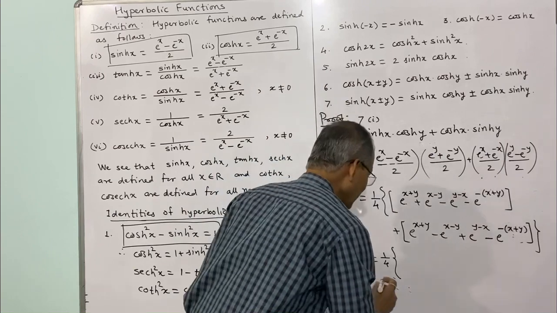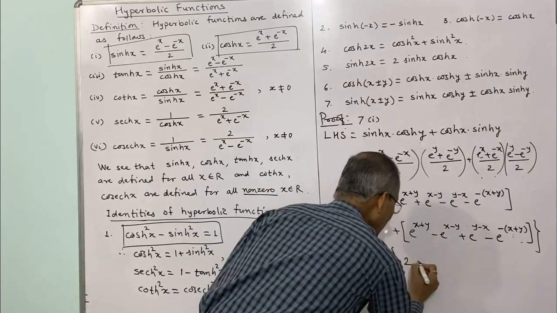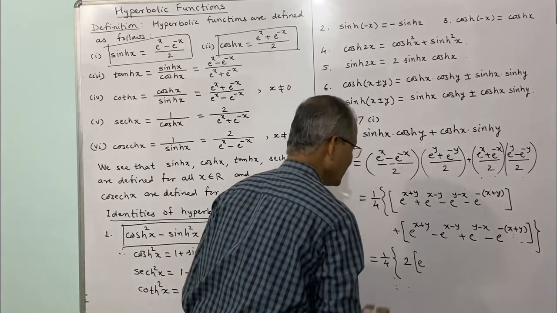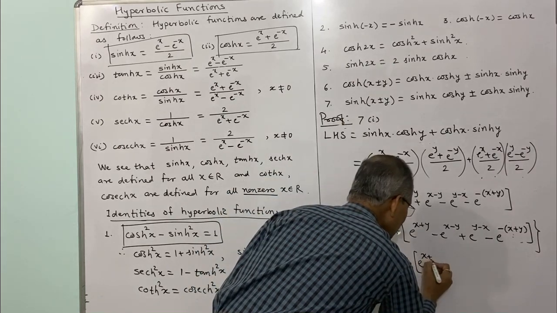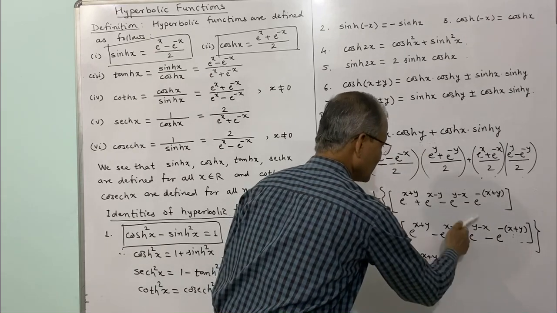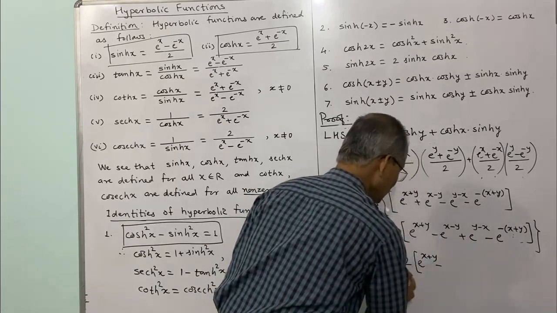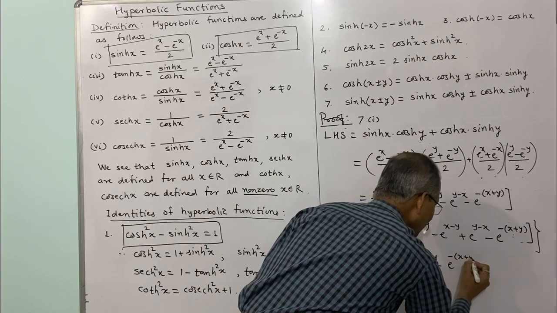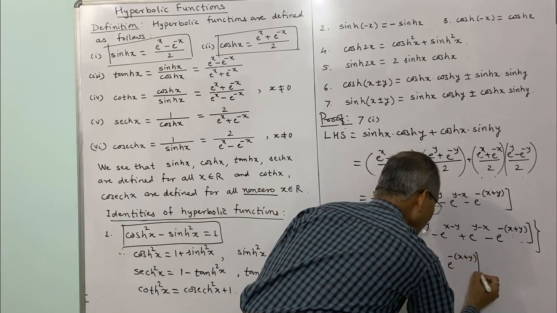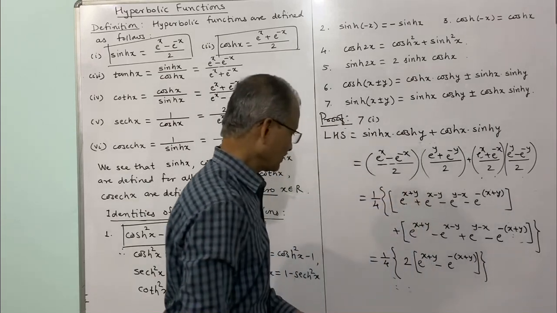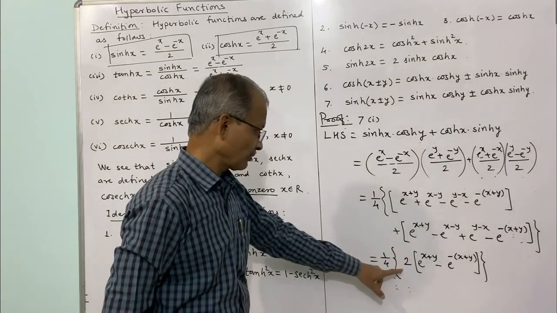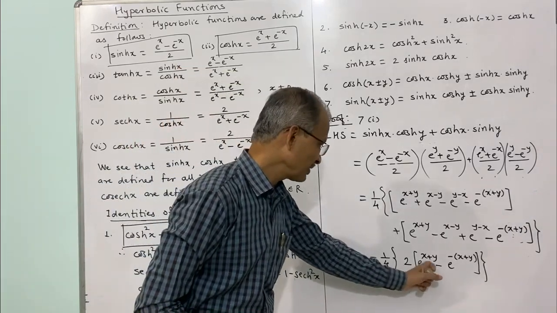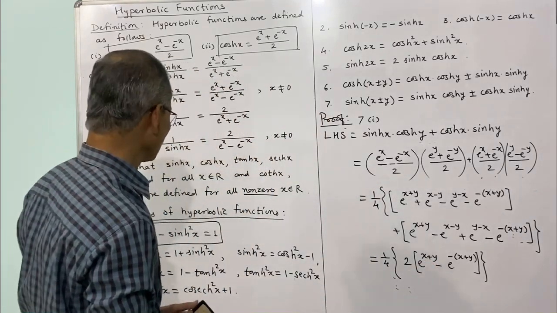So that is twice of e to the power x plus y, with 2 common, e to the power x plus y, and minus 2, 2 taken common, e to the power negative of x plus y. And this is 2 by 4, which is 1/2, and what remains is e to the power x plus y, etc.